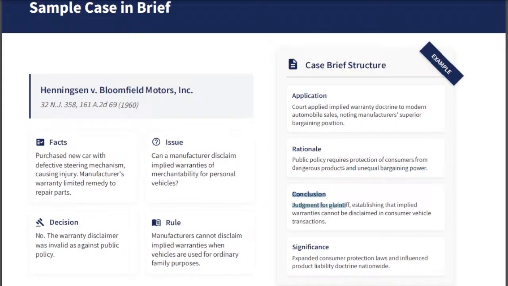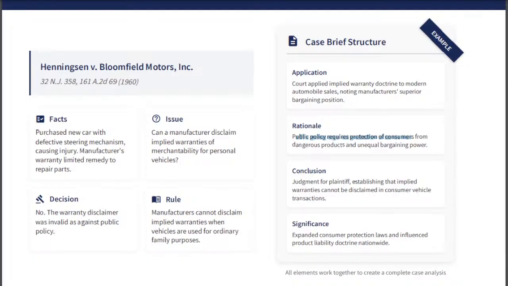Conclusion. Judgment for plaintiff establishing that implied warranties cannot be disclaimed in consumer vehicle transactions. So implied warranty, because of public policy, requires protection of consumers. And the significance here is expanded consumer protection laws and influenced product liability doctrine nationwide.